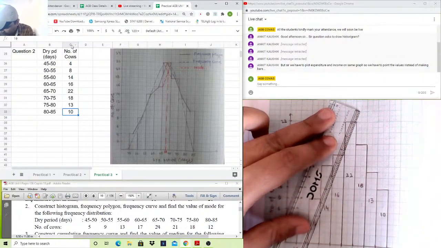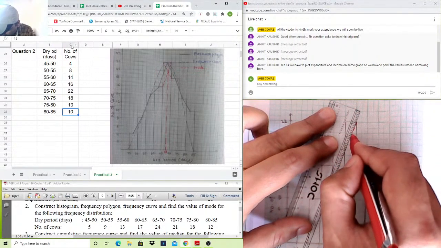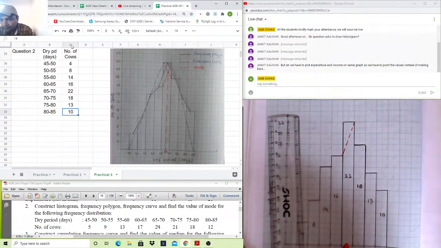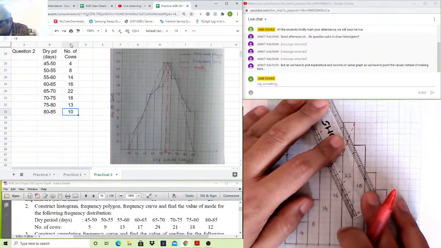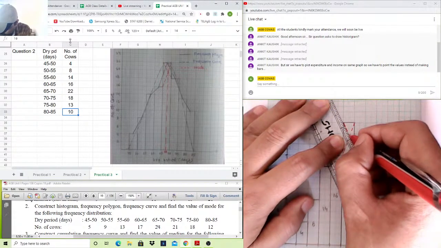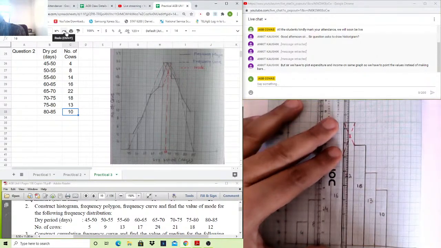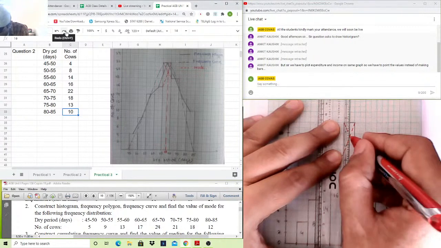That is, you have to connect this point with this point, and similarly connect this point with the next class. It will intersect at a point, and this you have to draw on the axis.